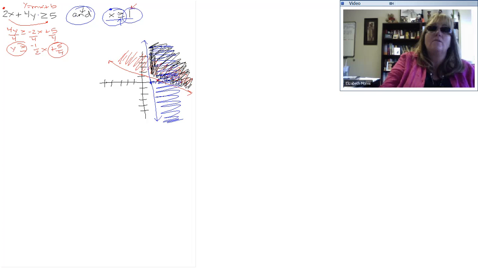All right, let's try another one. What if my question was 2x, oh, they used the same one, plus 4y is greater than or equal to 5, or x is greater than or equal to 1.